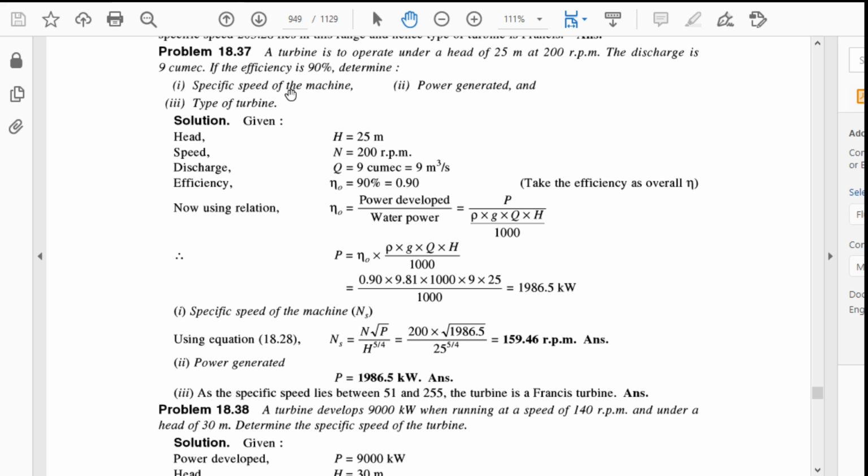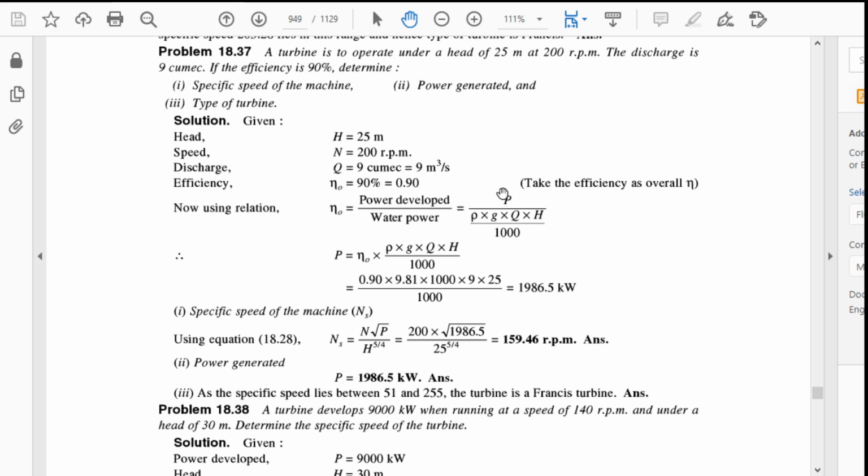Here we have to find the specific speed, the power, and the type of turbine. The speed N in rpm is given, the head is given as 25, and the discharge is given as 9 cumecs.